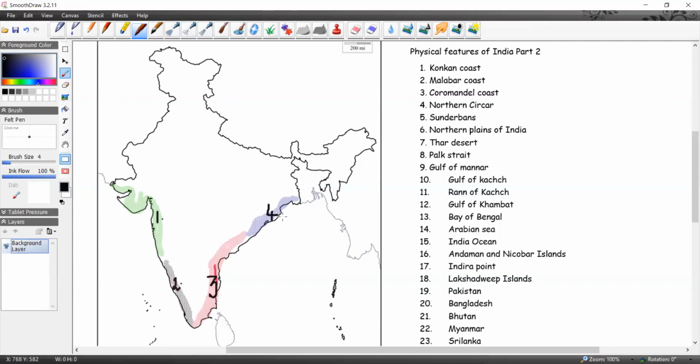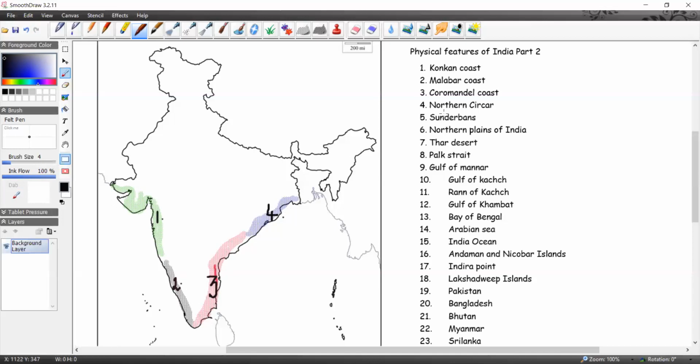If you are asked to mark East Coast Plain and West Coast Plain, so this full East Coast Plain, both Coromandel Coast and Northern Sarkar together, you have to mark it as East Coast Plain, and this full Malabar Coast and Konkan Coast together, you have to mark as West Coast Plain.